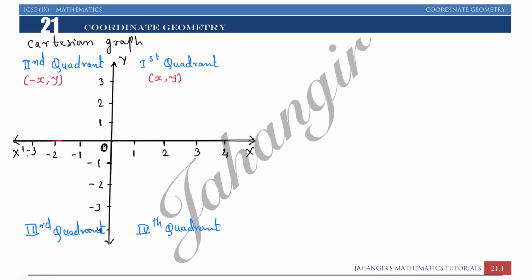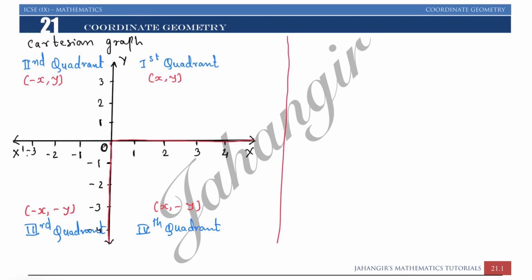Third quadrant, x is negative, y is also negative. So we can write minus x comma minus y. While writing coordinates, you have to always make sure that x coordinate is written first and then y coordinate is written. And last, fourth quadrant, if you will see, x is positive and y is negative. So we can write it as x comma minus y. In this way, coordinates are written.